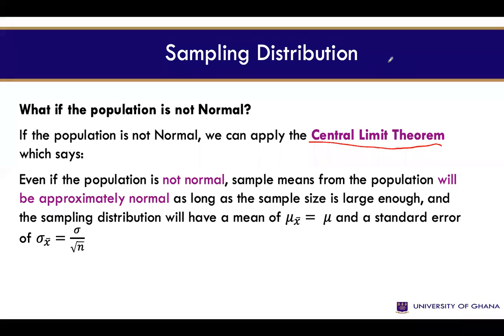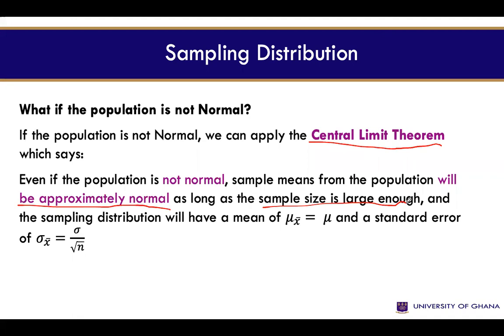As I was saying, the central limit theorem is a very important theorem in statistics and sampling theory. What it means is that if the population is not normal, then the sample means from the population will be approximately normal, as long as the sample size is large enough.